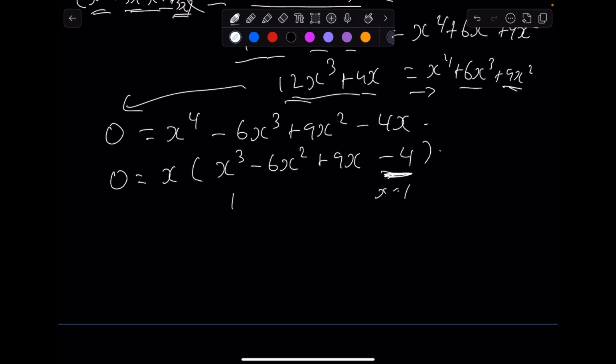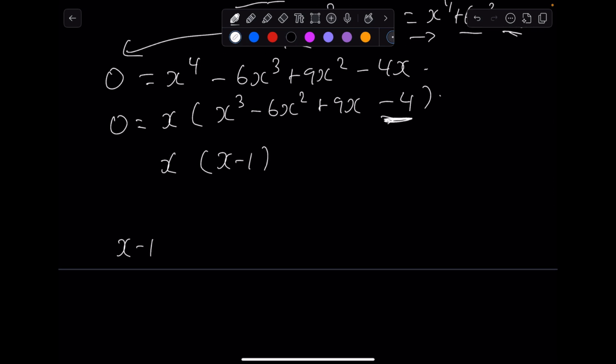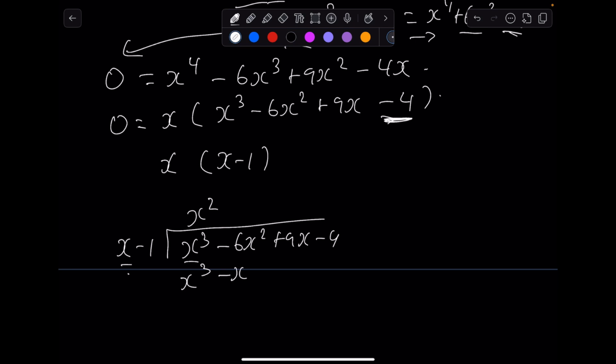So we have 1 minus 6 plus 9 minus 4, so that's 10 minus 10, which is 0. So if x equals 1 works, then x minus 1 is a factor. Now let's divide x minus 1 into x cubed minus 6x squared plus 9x minus 4. x into x cubed is x squared, so it's x cubed minus x squared.